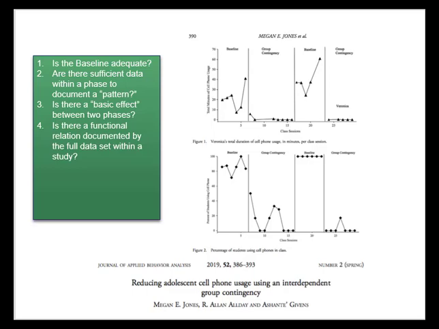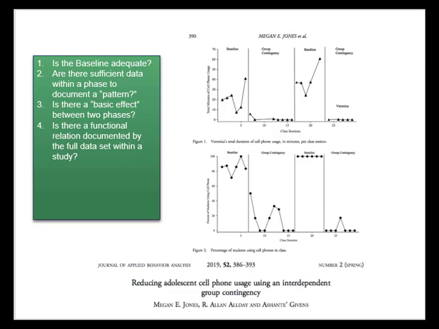On the next slide, I will display a graph from a published study. The top graph is Veronica's total duration of cell phone usage in minutes per data session. The bottom graph is the percentage of all students using cell phones in the class. The goal in this intervention is to reduce cell phone usage, so we're expecting to see treatment data decelerate.